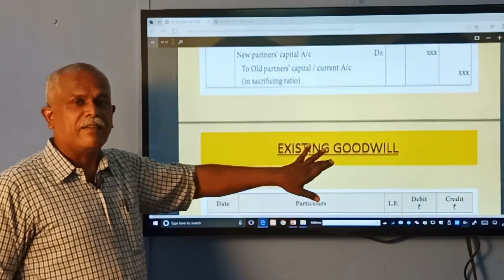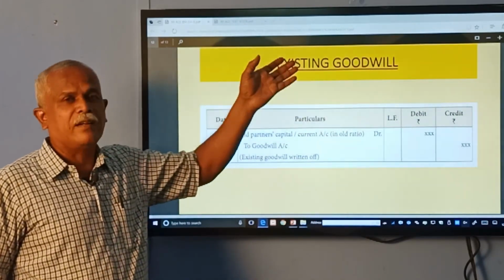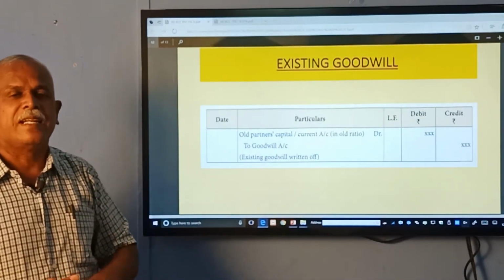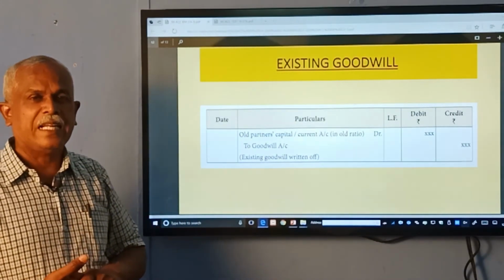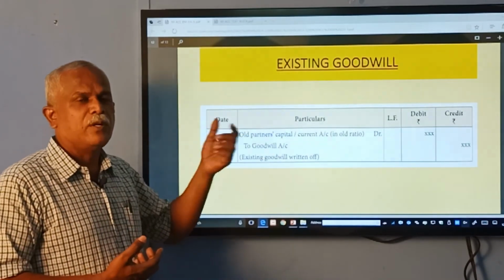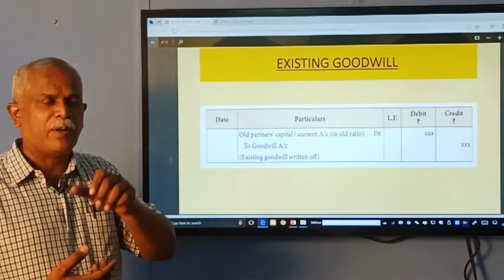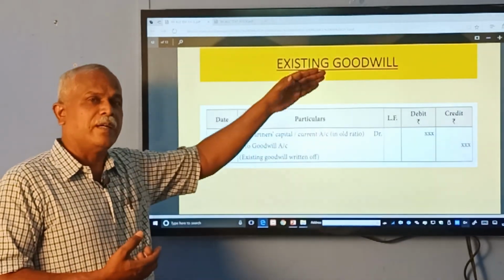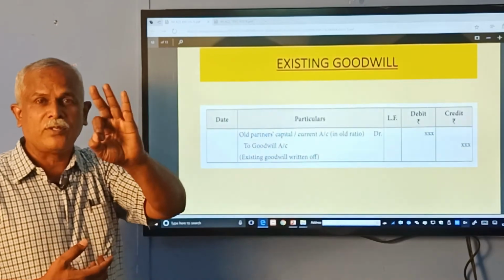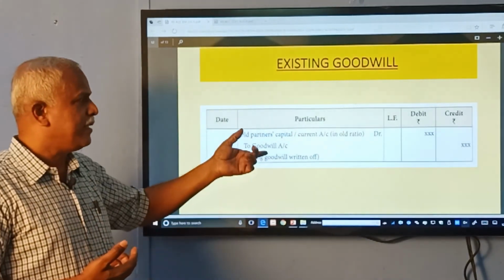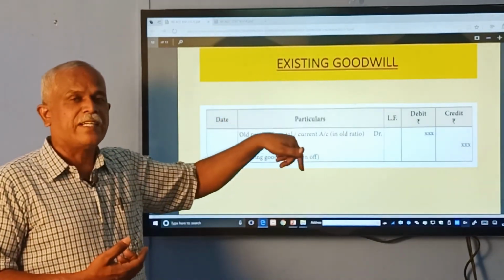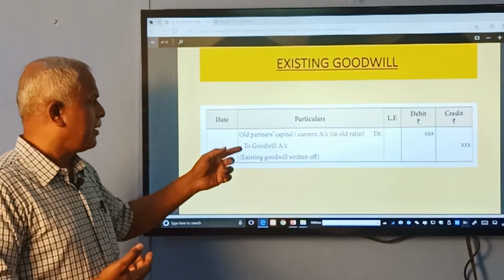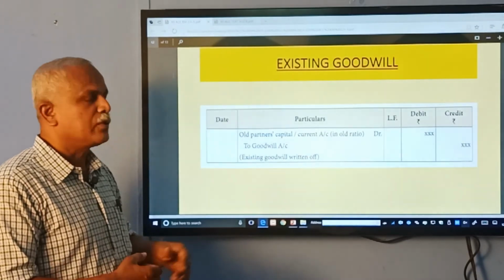And the fourth condition, when there is an existing goodwill from the old business, that has to be made nil by transferring to old partners, that is, an asset has to be brought down. So, old partners' capital account in old ratio. In the previous 3 conditions we used sacrificing ratio, but in this existing goodwill, when it is written off, it is written off in old ratio. Old partners' capital account to goodwill account.